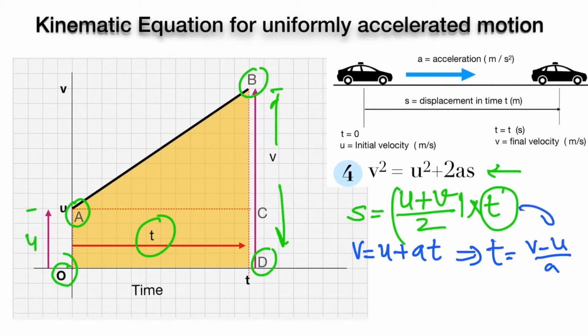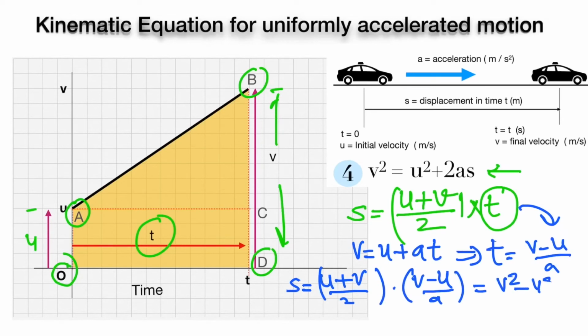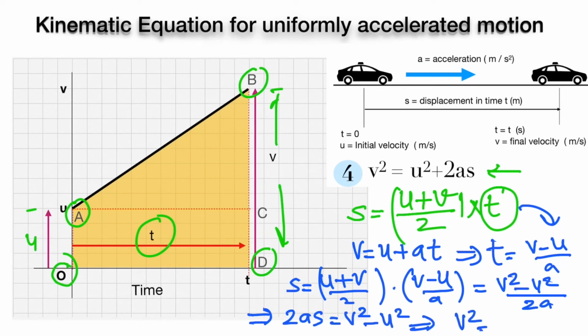Once we replace t by this value, we will get displacement equal to (u plus v) by 2 multiplied by (v minus u) by a. And this will be equal to (v square minus u square) by 2a. Further simplifying it, it will be 2as equal to v square minus u square, and this will give you the fourth equation, v square is equal to u square plus 2as.